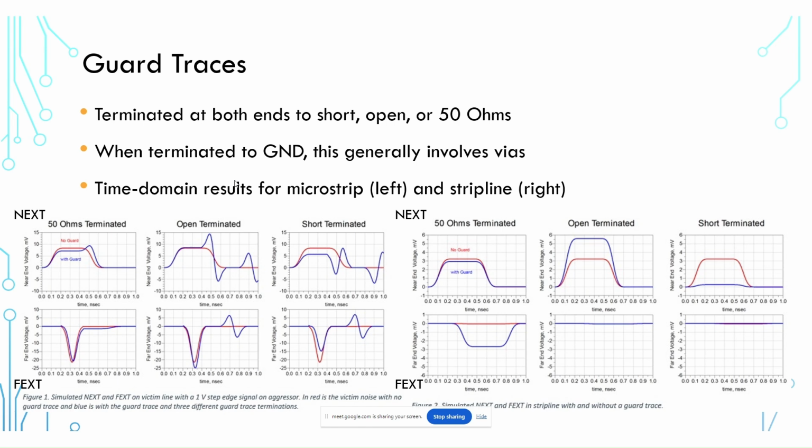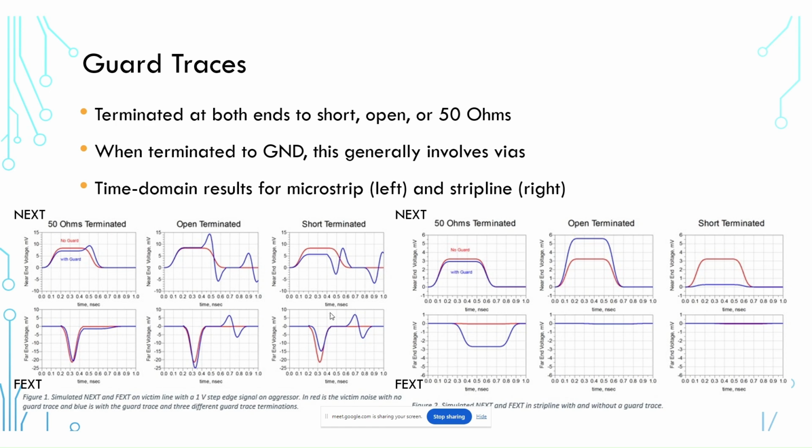We can then use that to examine what happens with crosstalk due to the presence of the guard trace. What we actually see is that when we look at microstrips and strip lines, we get different effects on crosstalk. We also see that short termination doesn't necessarily always produce a reduction in crosstalk.